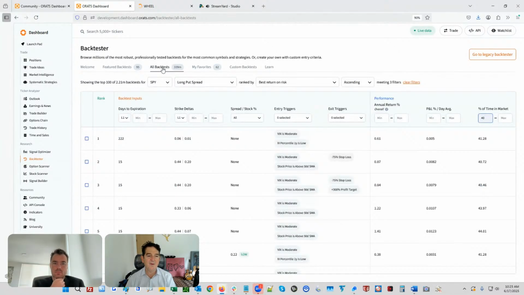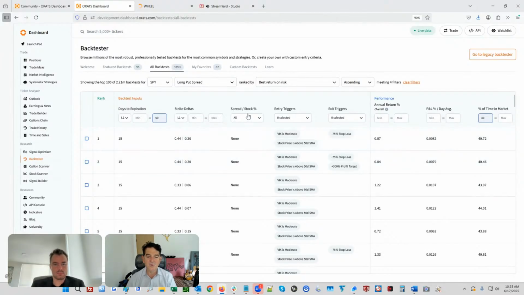And then the backtests are what we run, with the inputs that are kind of our defaults. But you could narrow it down, like say I only want days to expiration under 50 days. So it'll go find those, and it's really fast now. And the strike delta of leg 1, leg 2, 3, 4, you could set what each of your strikes are.